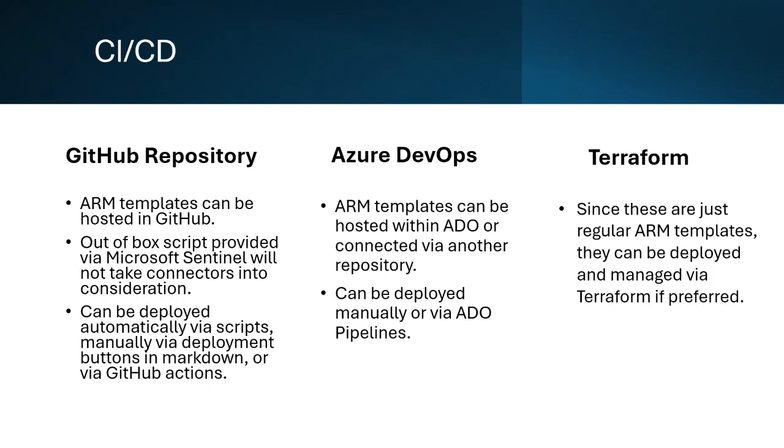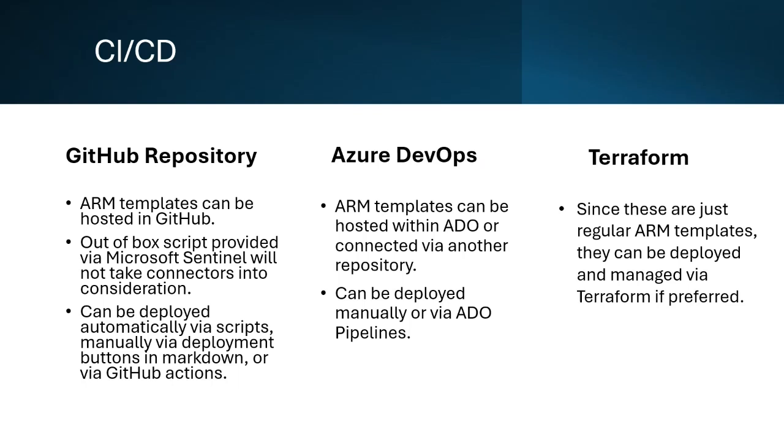The out-of-box scripts that might be provided through the repositories feature of Microsoft Sentinel do not take into consideration Codeless connectors. So the ones that we provide for that feature set will not work on Codeless connectors. But you can build your own script. You can manually deploy them through a couple of button clicks in the README Markdown or via GitHub Actions.